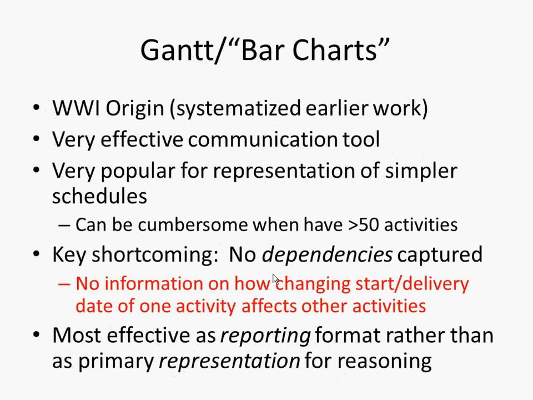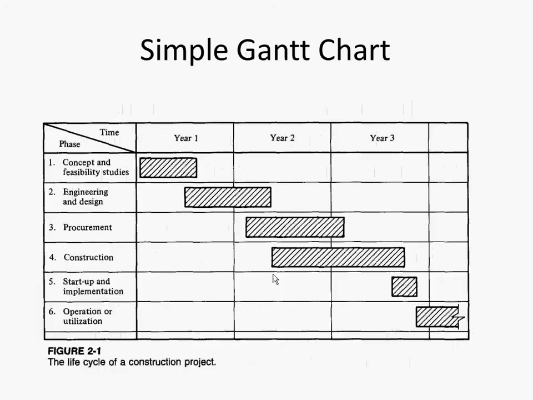Now it's like this, and so now we can't start until then. It doesn't tell us that. There's no information about how changing the start or delivery time of one affects the others. Sometimes you'll find hybrid methods which show both, but in its original form, it doesn't show anything about it. So here's a case of a Gantt chart, and again, it doesn't tell us, like, if I push this back by a month, is it going to push this guy back?